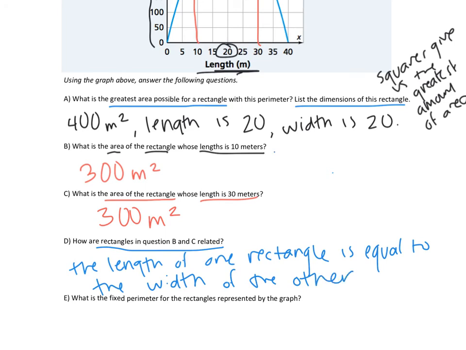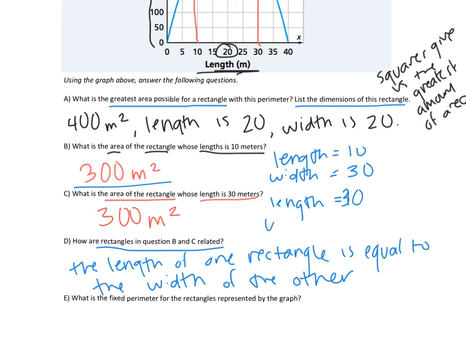Because if the length is 10 here, then the width needs to be 30 if our area is 300. Then for C, our length is equal to 30, and the width needs to be 10.